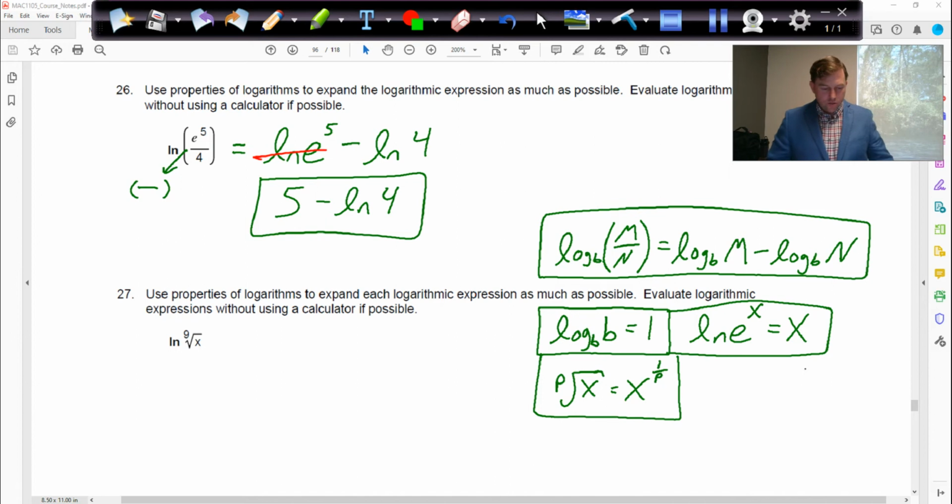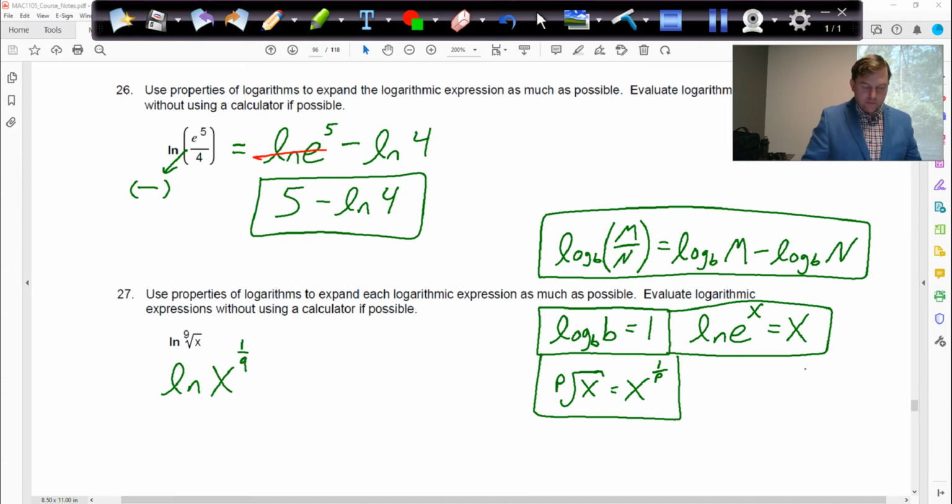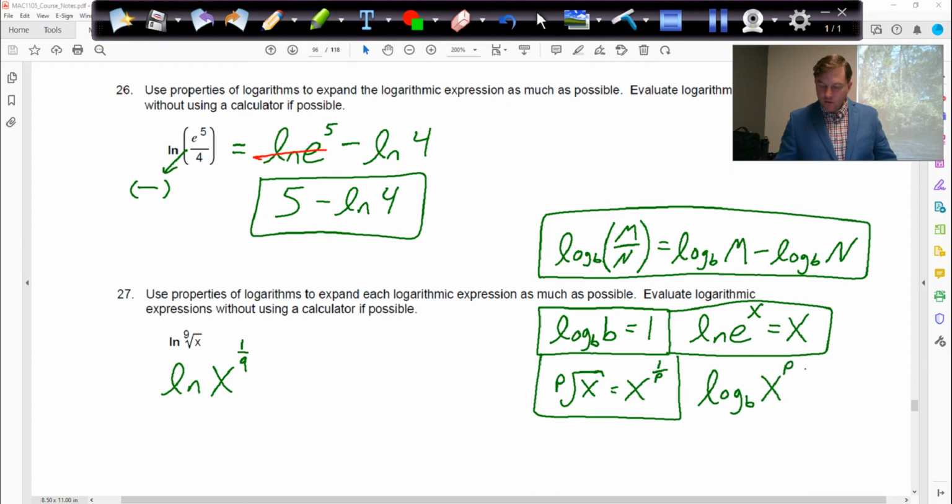So we're going to write this as the natural log of x raised to the 1 over 9. Then we have our next rule, which says this: if you have log or ln base b of x raised to a power p, we can bring that power out in front.